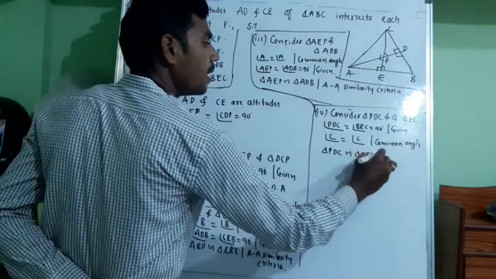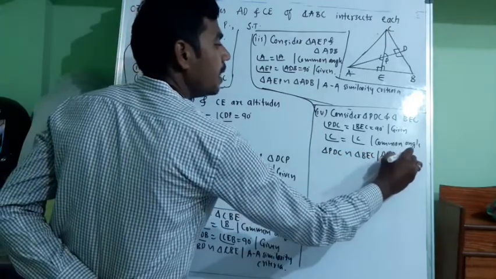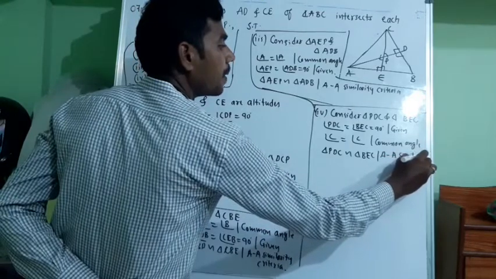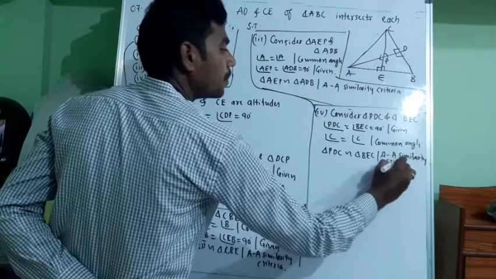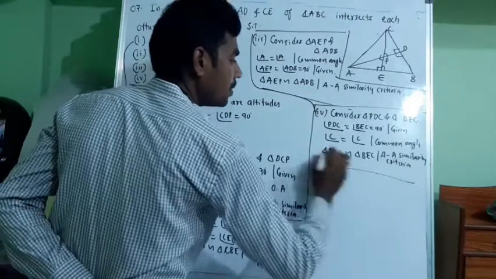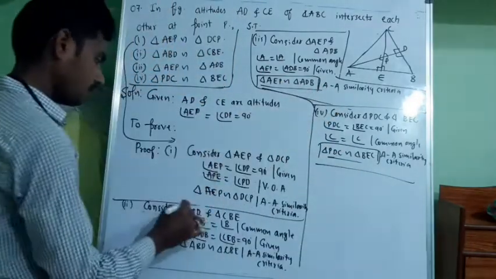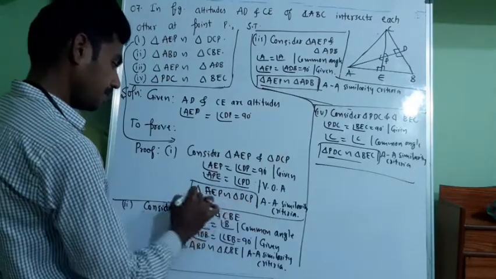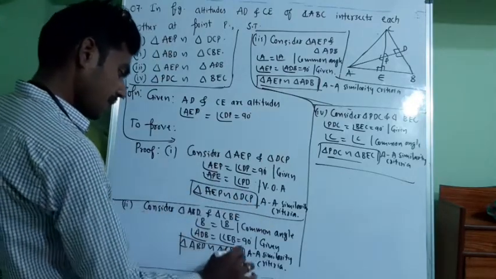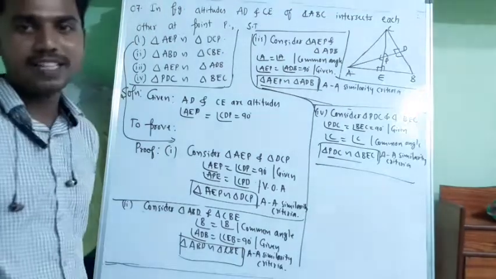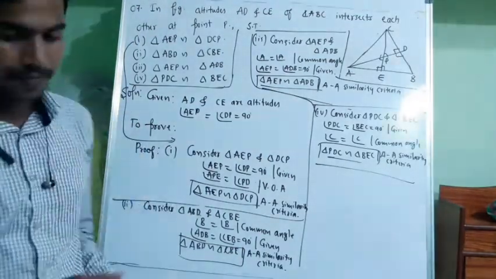Why? Because of the AA similarity criteria. So hope you understood. Please note this down. In all the cases, we made use of the AA similarity criteria. Please note this down.